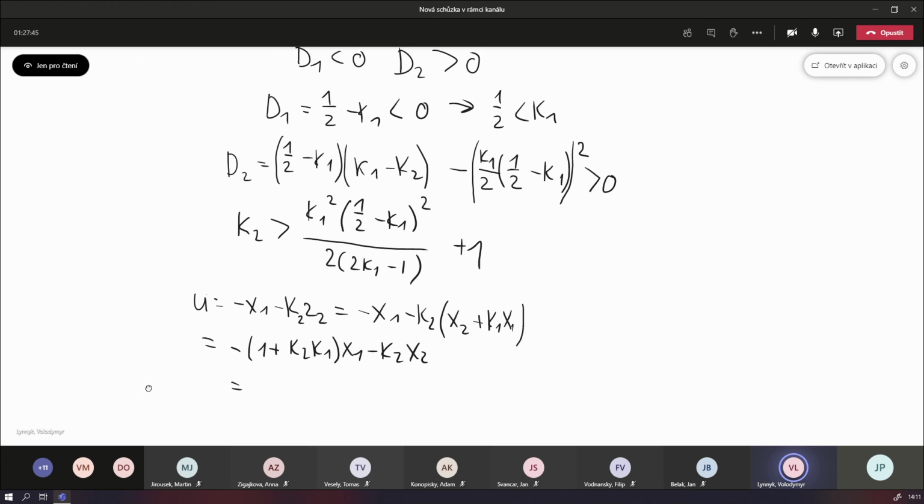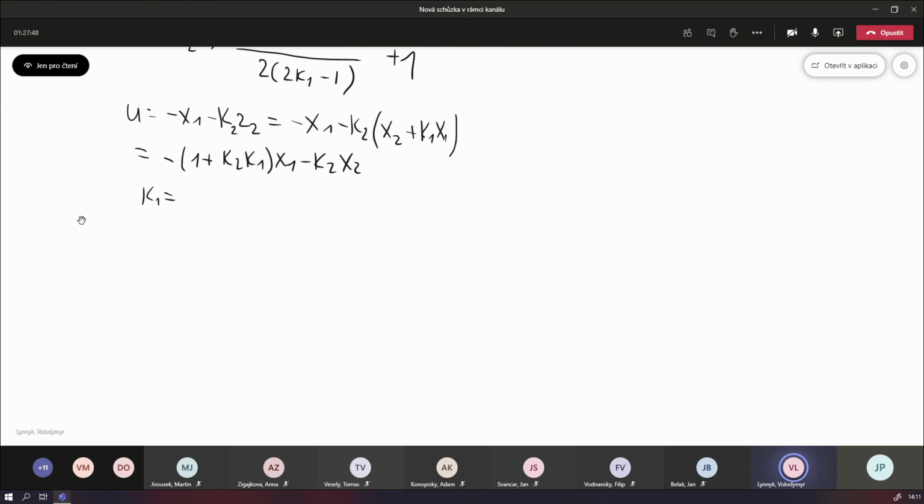Okay, k1 equal to 1, and k2 equal to what? k2 equal to what? It's 1, 1/2, 1, 1. Okay, and you can put this 1 here and calculate it, and then say, okay, k2 equals something. And that's all.